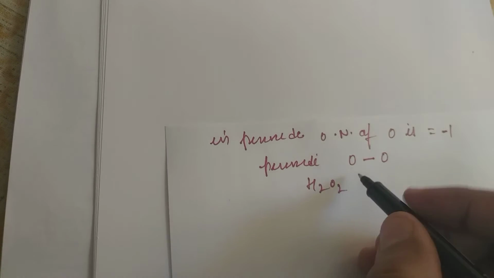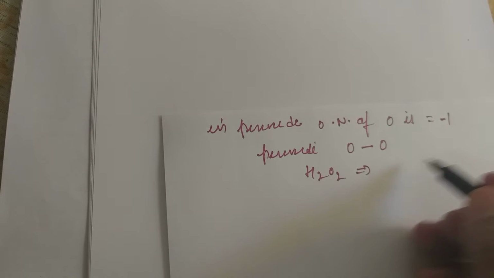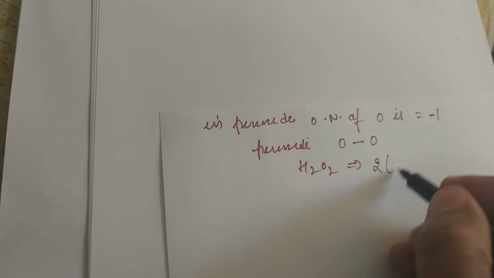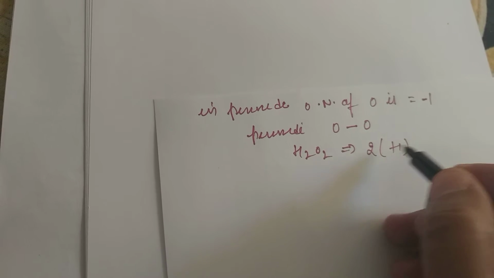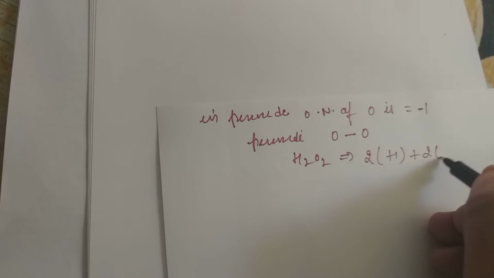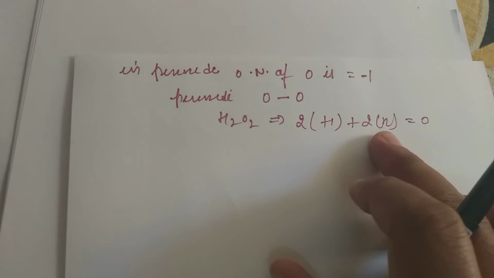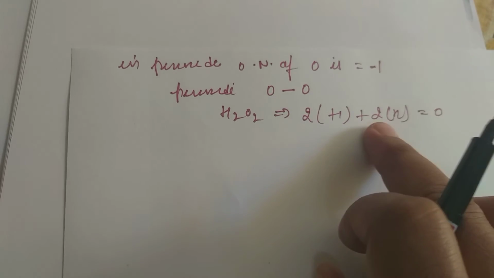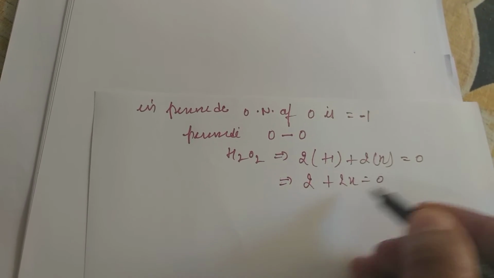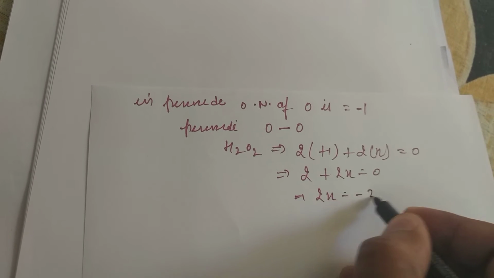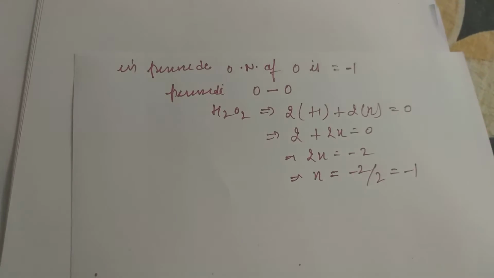If you want to calculate the oxidation number of oxygen here, hydrogen we have already discussed, that is +1, and there are two atoms of hydrogen, so we write 2 into 1 plus 2 into X is equal to 0. X is the oxidation number of a single oxygen atom. There are two atoms, so we write 2X. So 2 plus 2X is equal to 0. Again 2X is equal to -2, so X is equal to -2 divided by 2, which is -1.